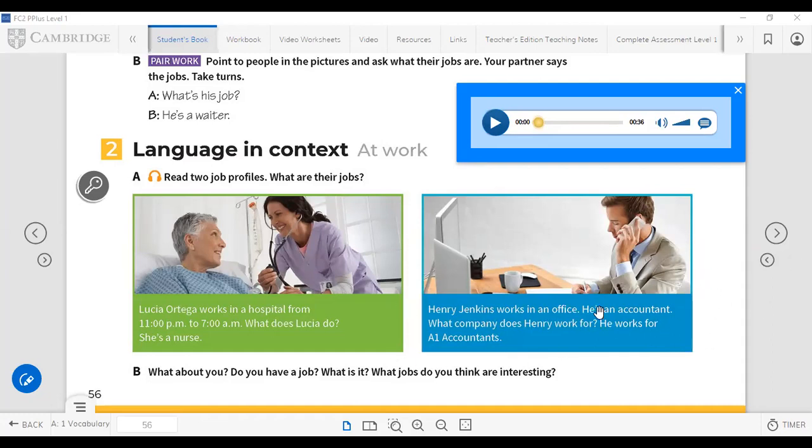This is the second one. Hinojosa, where is your participation? Any volunteer to tell me, please? Raise your hand. What is his job?